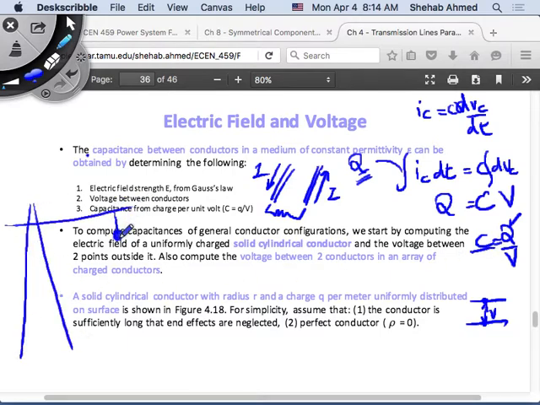You have a transmission line cable here with a certain voltage and a certain current flowing through it. So you know the current flowing through it, and this current will correspond to a certain charge distributed on the surface of the conductor, and there is a grounded tower, for example, that is of interest. So you would like to calculate the voltage between the conductor and a grounded neutral point, or a grounded potential in the vicinity of the conductor.